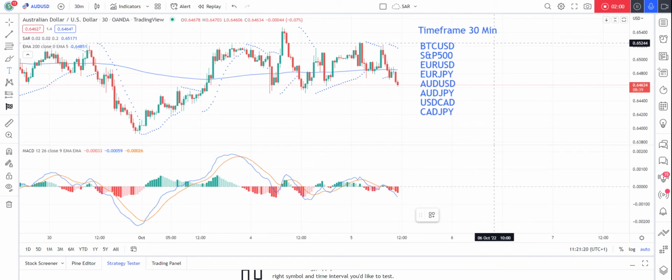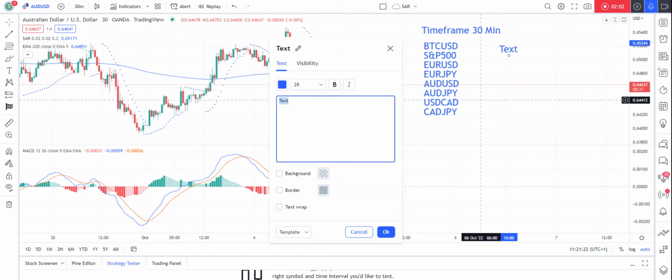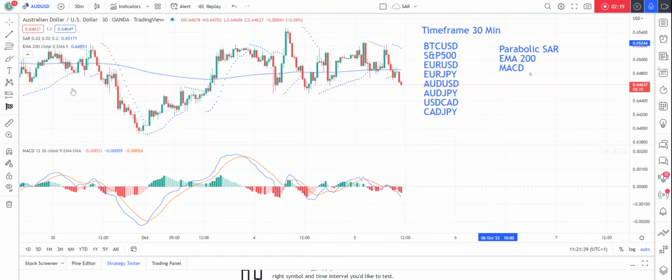So let's write them down. Parabolic SAR, standard, EMA 200, so we need to change it, and then MACD, right? So the only changes that were made were to the exponential moving average.